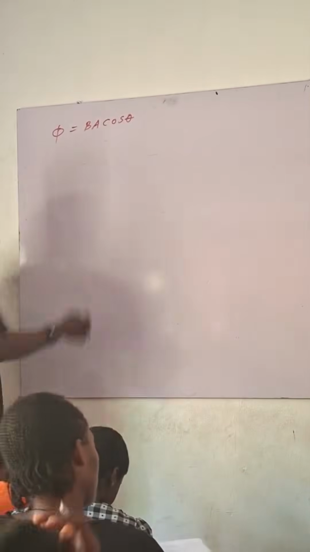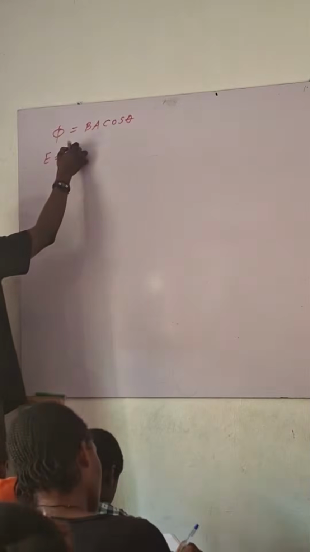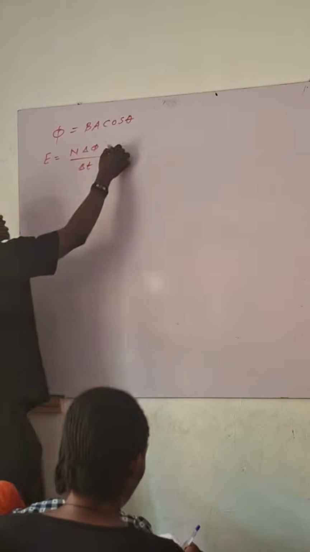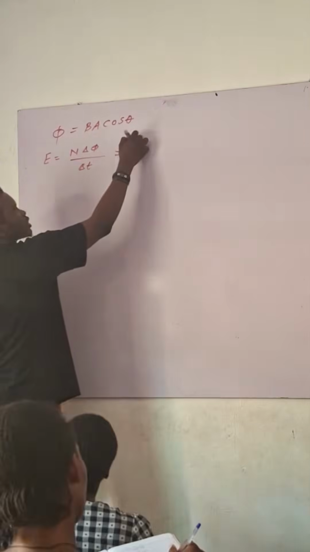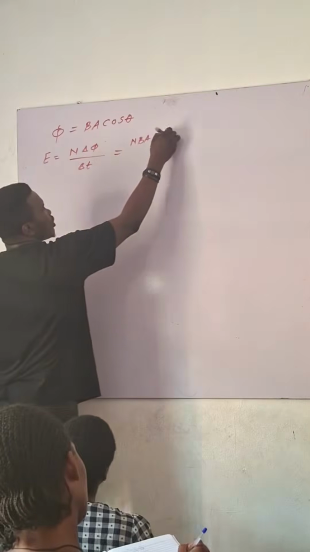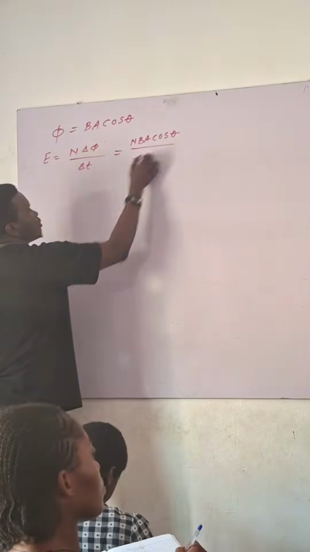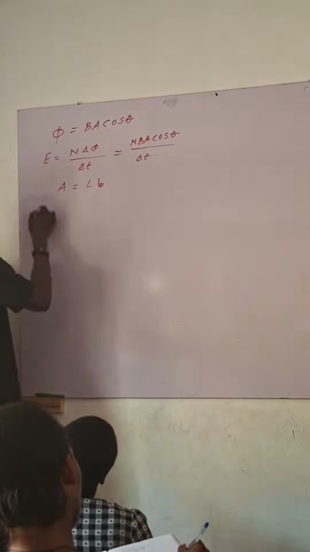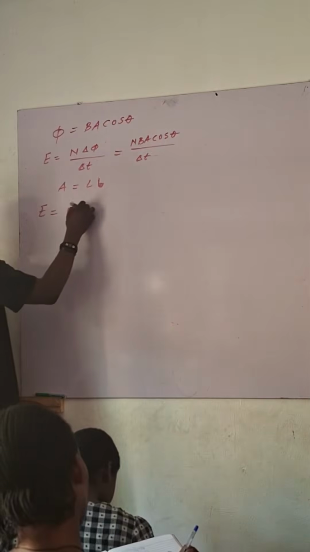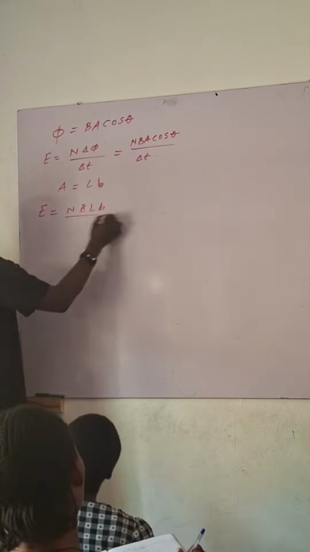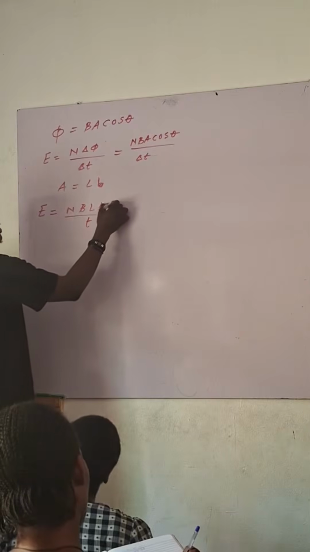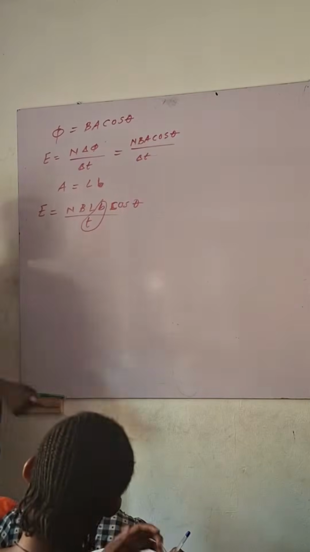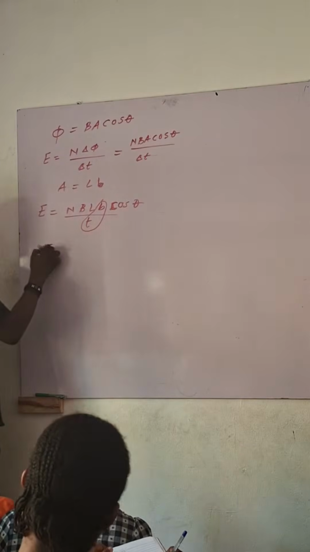And remember that we said that E is equal to N d phi over dt. What's your d phi? That's changing this one. So you can say that's N dA cos theta over dt. But I told you that your area can just be something like length and breadth. So meaning that E can be equal to N dL over time, maybe cos theta. And we say distance over time is what? Velocity.